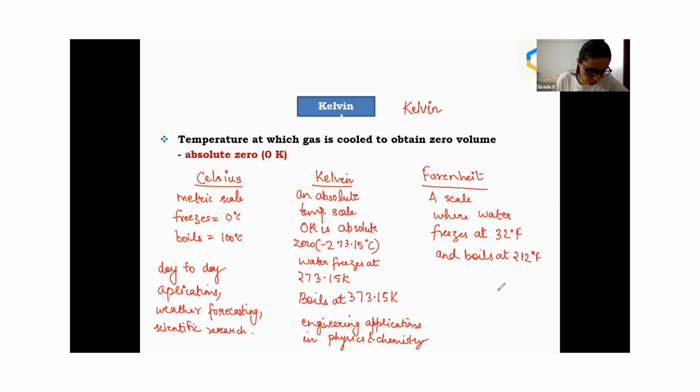And for the Fahrenheit, you can write use in US for everyday application. So they use the Fahrenheit scale. Less common in scientific research.